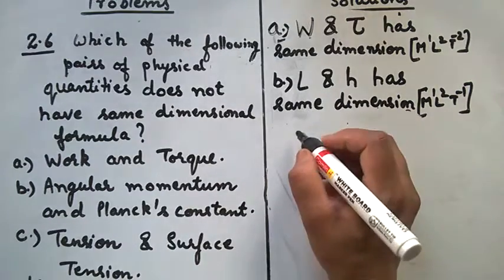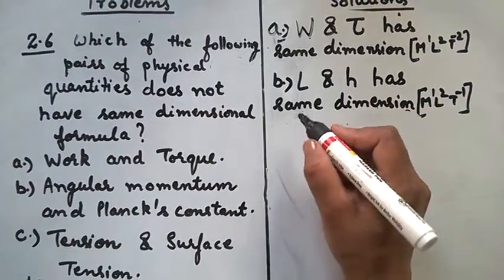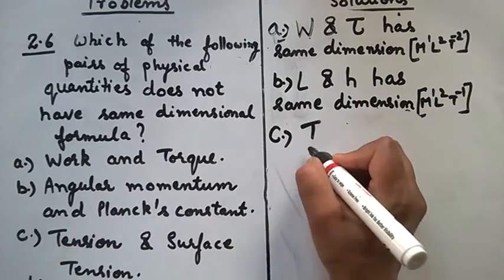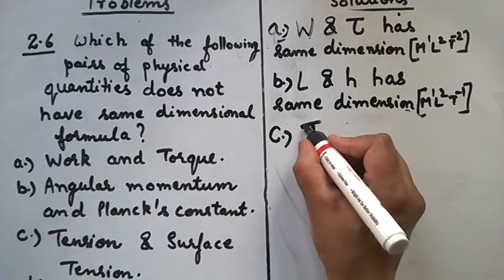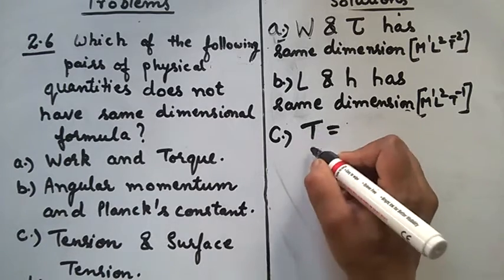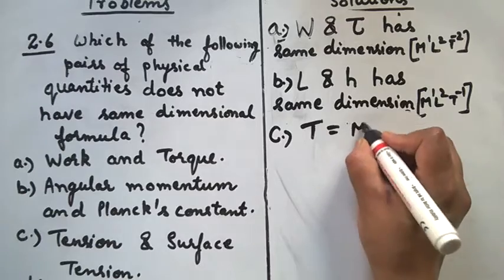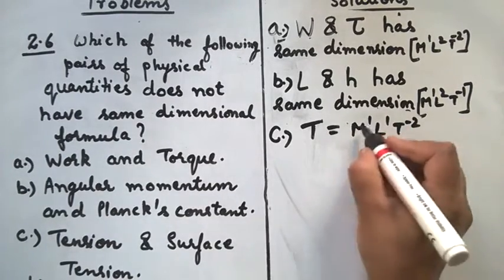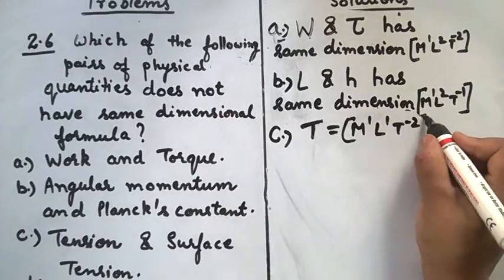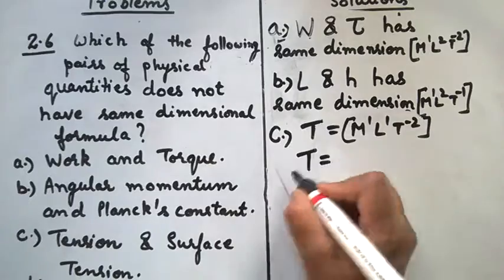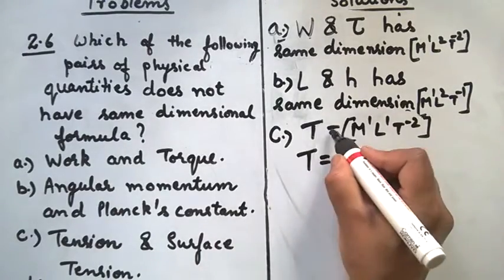Next is tension and surface tension. Tension is a force which acts in the opposite direction of linear force, and it has a dimension equal to force, that is m1 L1 T minus 2. Surface tension acts in liquids. We will study it in our further chapters.